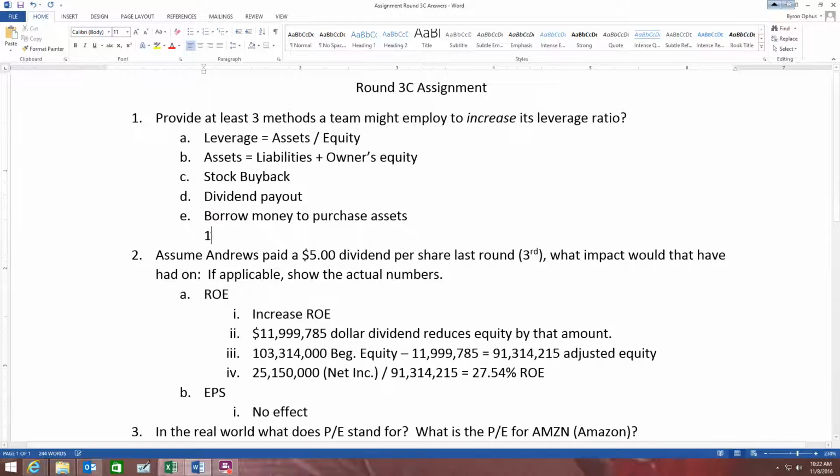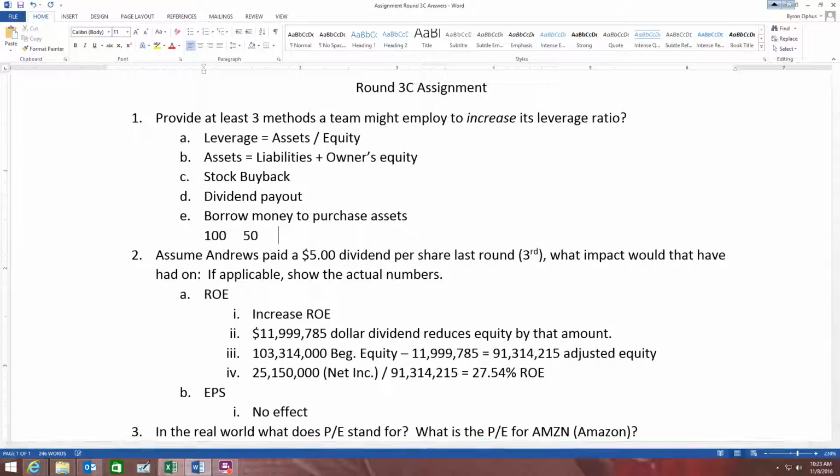So again, if we have $100 in assets and $50 in equity, I'd also have to have $50 in liabilities.